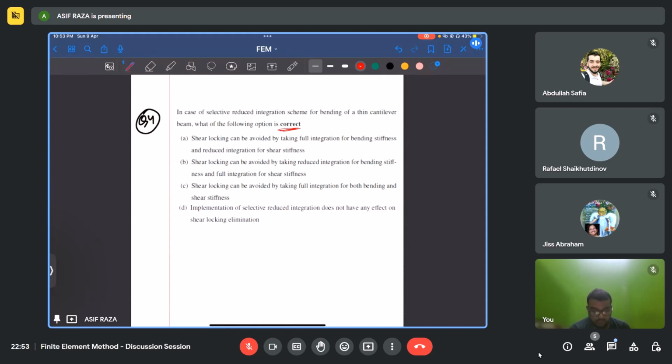Second option is shear locking can be avoided by taking reduced integration for bending stiffness and full integration for shear stiffness. Third is shear locking can be avoided by taking full integration for both bending and shear. And fourth is implementation of selective reduced integration does not have any effect on shear locking elimination.